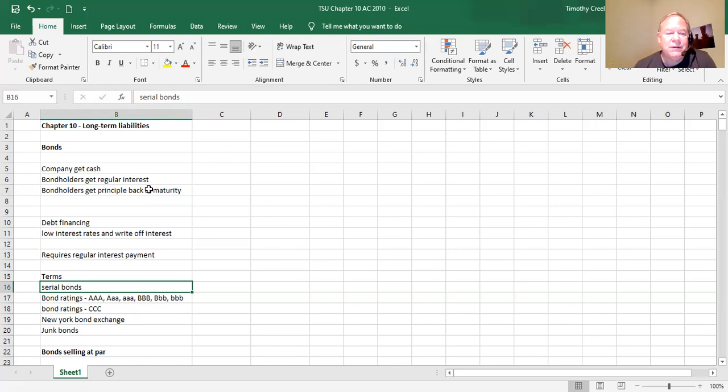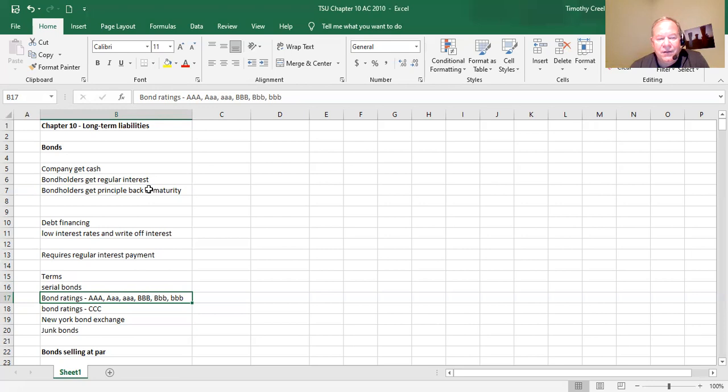Remember that terminology. Now, another thing here, companies have bond ratings. AAA would be the highest, and then they would go down from there. You see some of the ratings. I got, you know, triple B, and there's a couple of different bond rating agencies that do it a little differently.